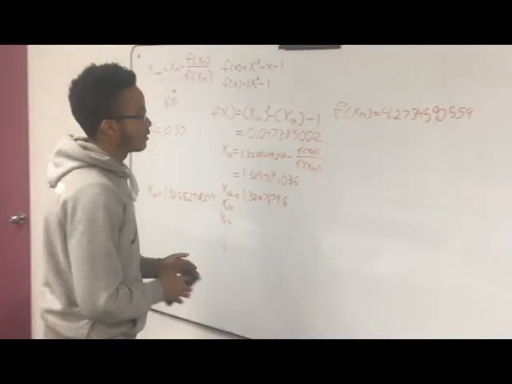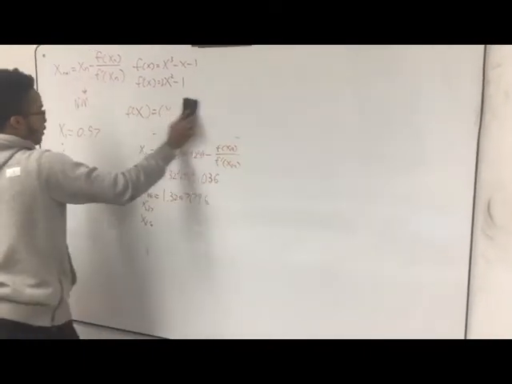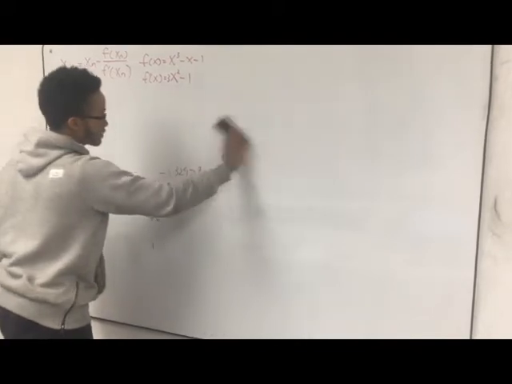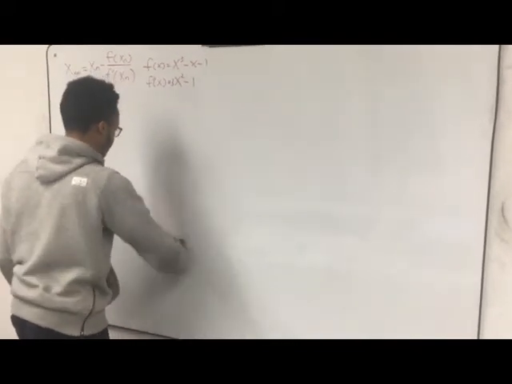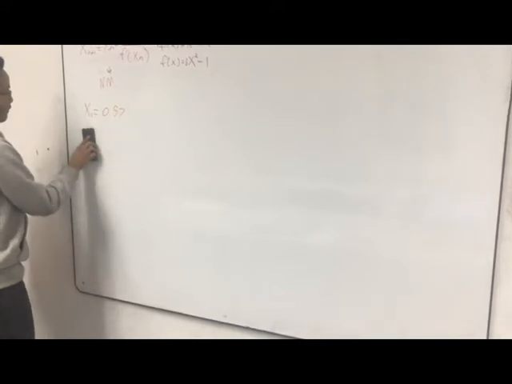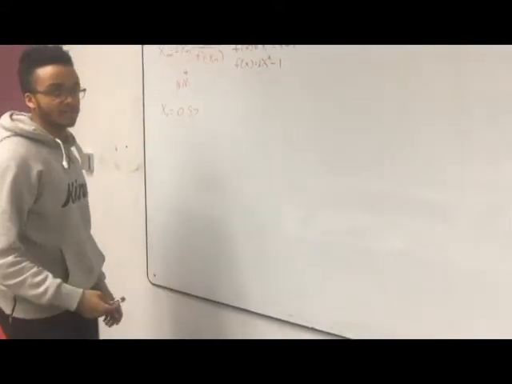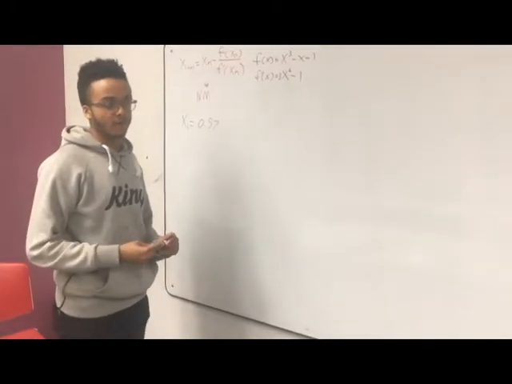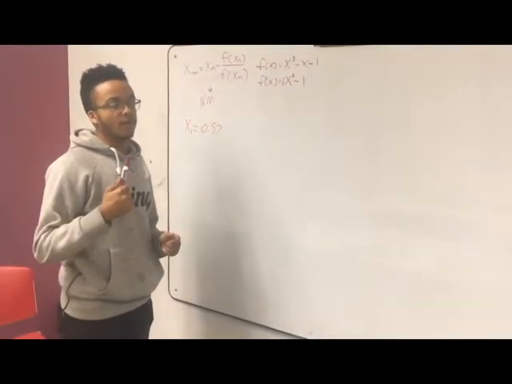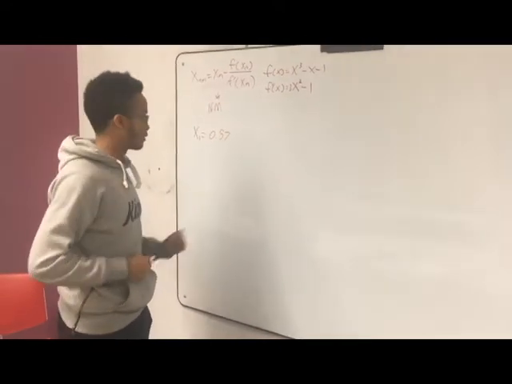Now, as I mentioned in the beginning, an important thing to notice is that our root this time was 0.57. And as you saw with the iterations we had to go all the way up to x sub 34. Actually, no. It wasn't until x sub 35 that we reached our repeating decimals.